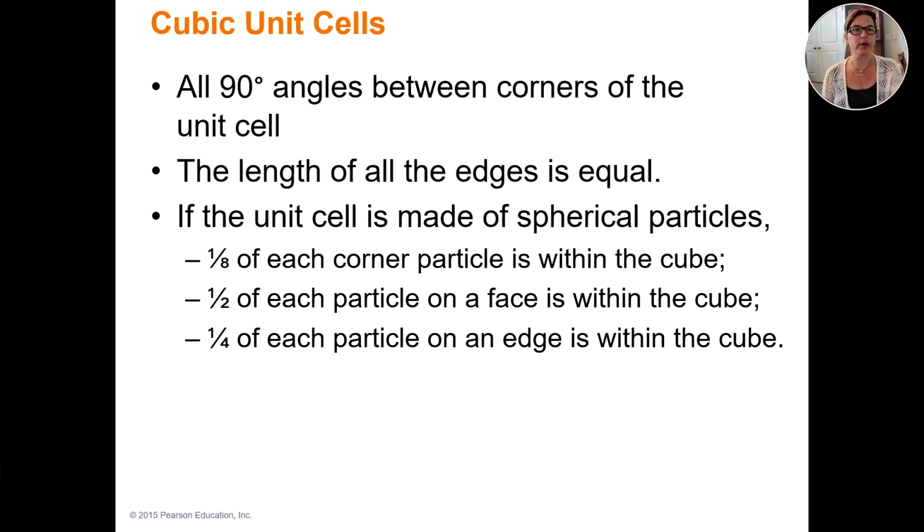So with the cubic unit cells, you have to know that there are all 90-degree angles. And we know that we have an eighth, a 1/2, and a 1/4, depending. This is going to be for your simple, this is going to be for your body-centered, and this one is going to be for your face-centered.